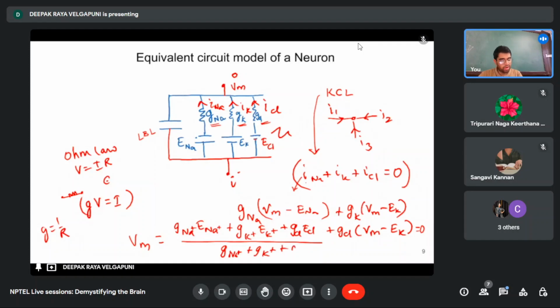So with this equivalent circuit of a membrane, you can calculate the potential at the resting state. This is at the resting state because whatever the ionic currents are at the resting state sum up to 0, and there is no current across the capacitor, and therefore we are not considering that.